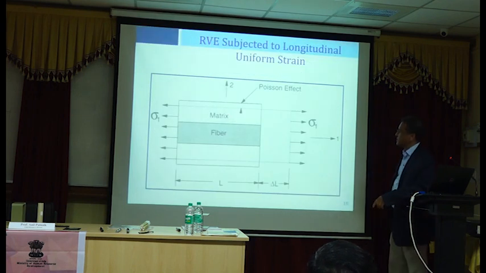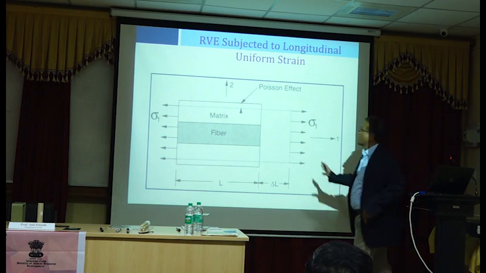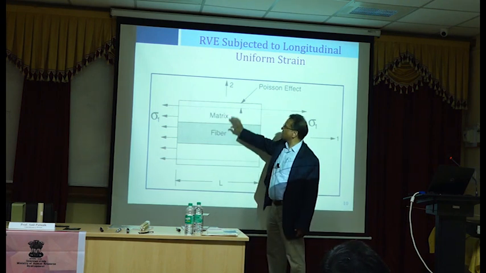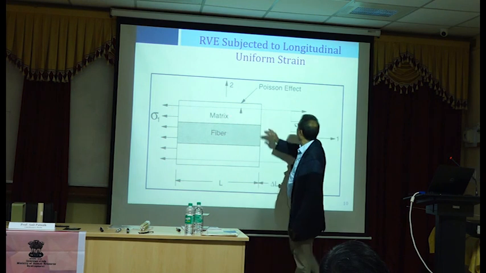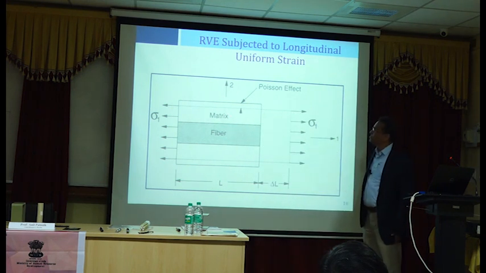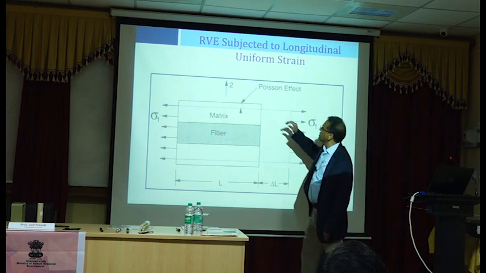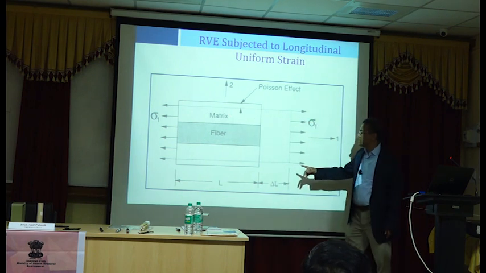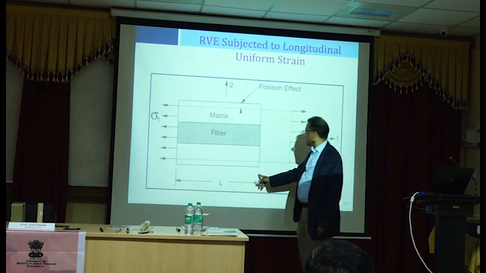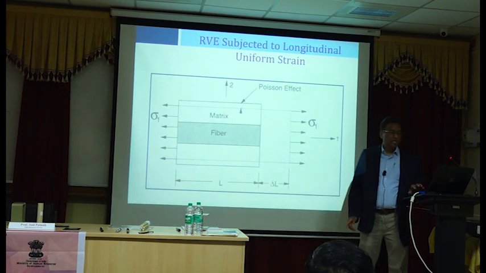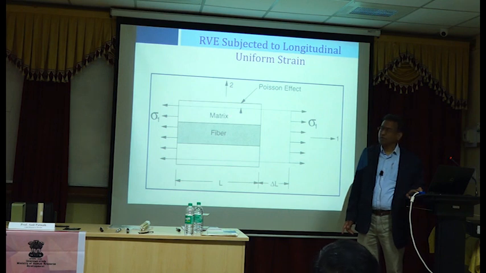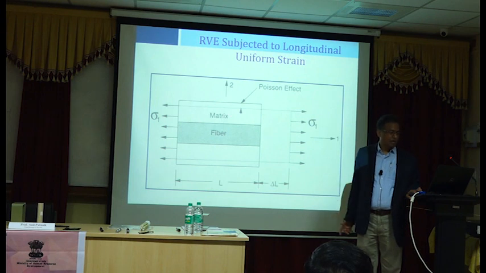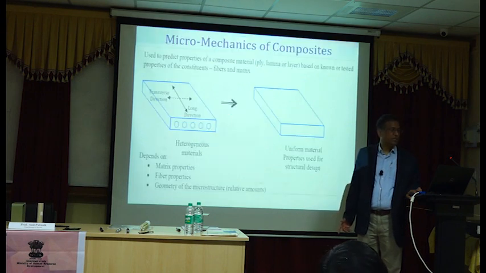So we'll just try to use this concept where we have fiber here, matrix on both sides. Just to make it symmetric, they arrange matrix half of that here, half here, and then when you apply load, depending on the type of load you have, there can be Poisson's effect, that means transverse shrinking of the composite. So this is length L, the elongation is delta L. So we will deal with stresses and strains, very simple stuff. It's all mechanics of materials level equations, very simple equations.